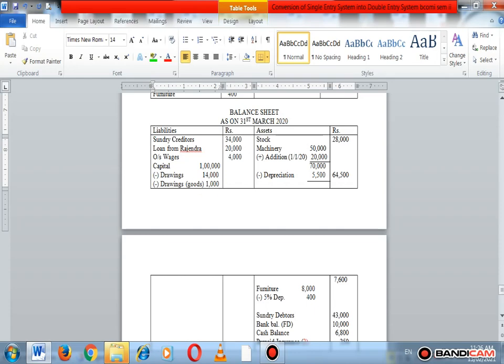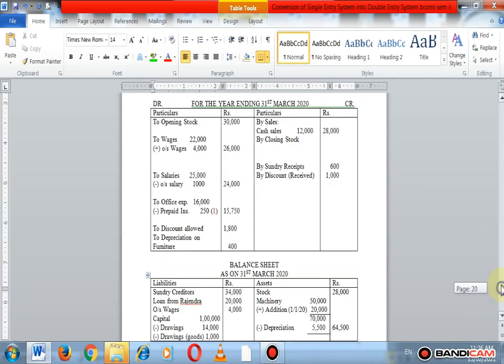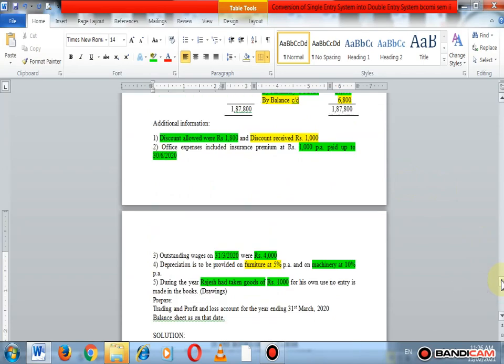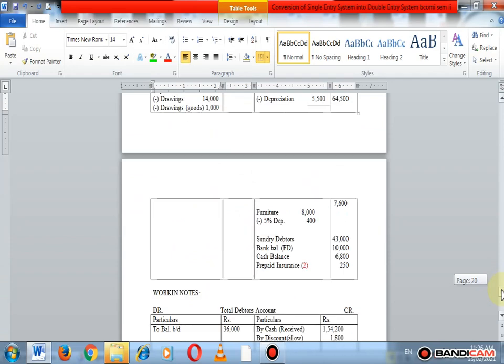Then we transfer all items and we give effect of all adjustments. Now we close the working notes.